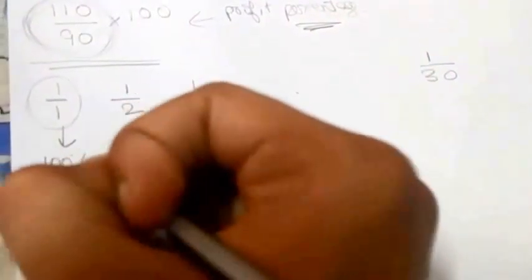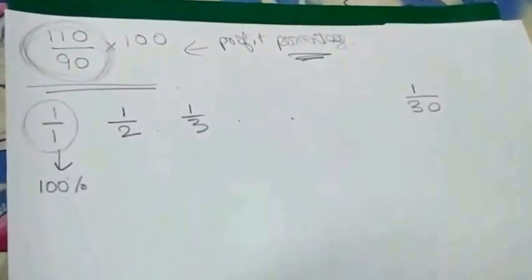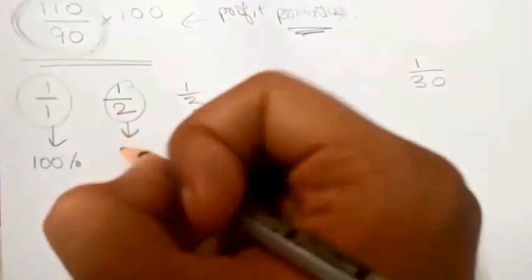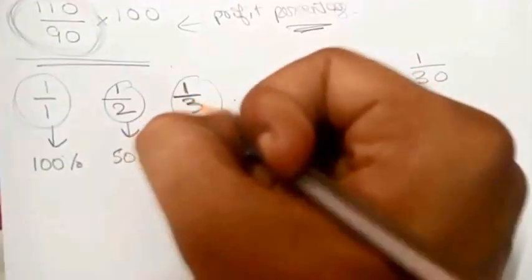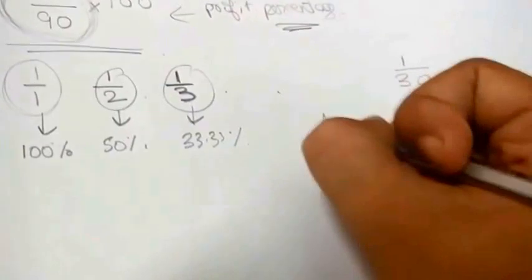If I say 1 upon 1, that is 100%. If I say half, it is 50%. And if I say 1 by 3, it is 33.33%.